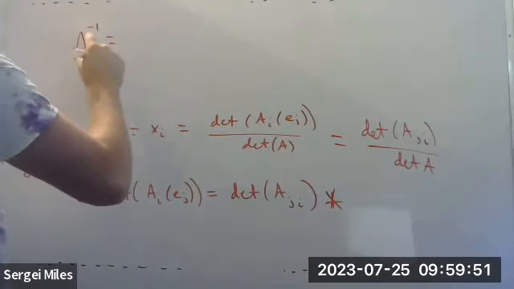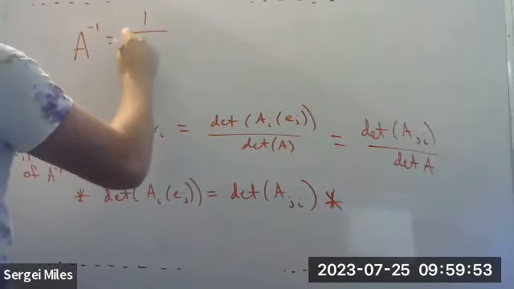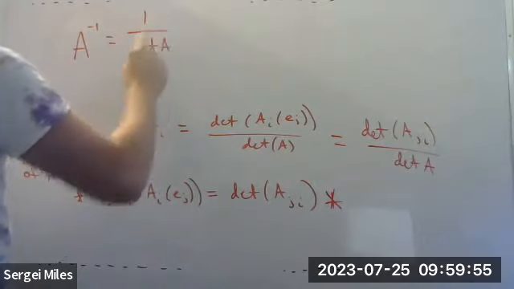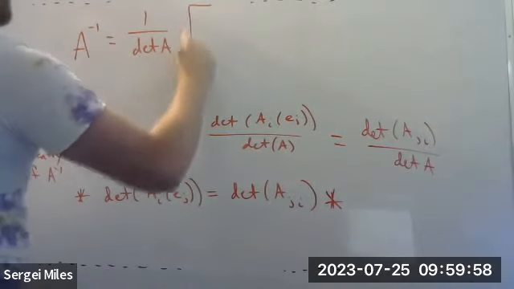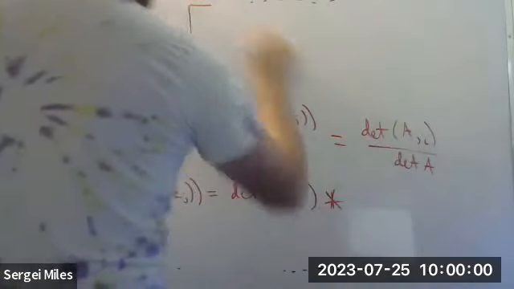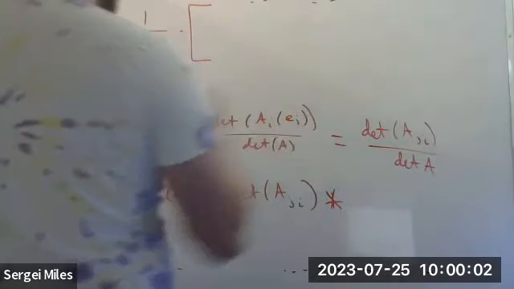So A inverse equals 1 divided by the determinant of A times, now we're doing this numerator calculation for each entry.